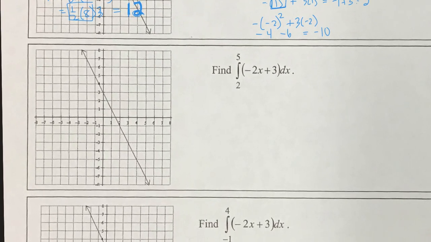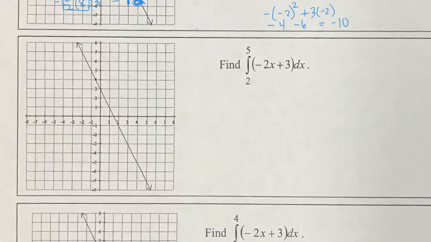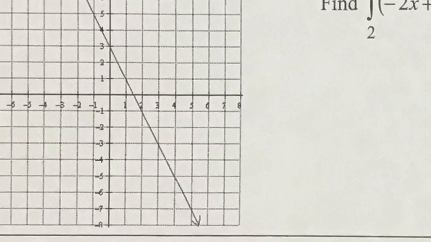This is now going from +2 to +5. So we have +2 here and +5 there. Okay, so we're going to find the area of this nice trapezoid. Let's color it in so we can all see the trapezoid.